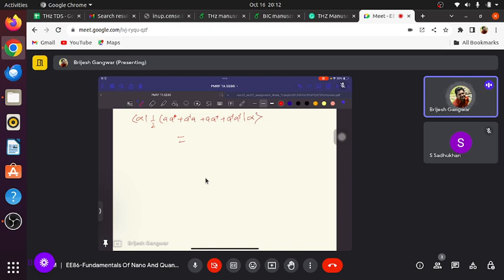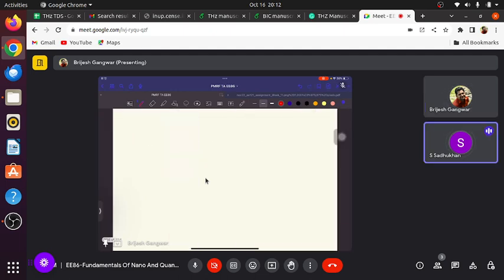So it will give you around real square of alpha minus real alpha plus half mod alpha square plus half alpha a dagger alpha. I think this value you will get, and then at the end you will get this value 2 times.